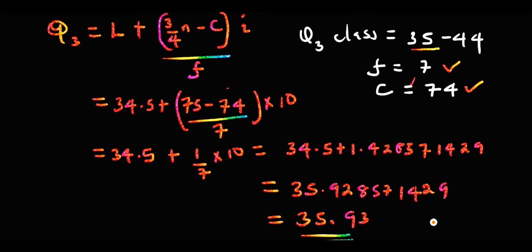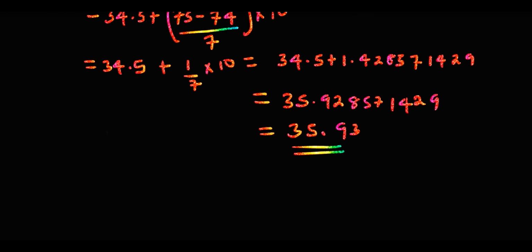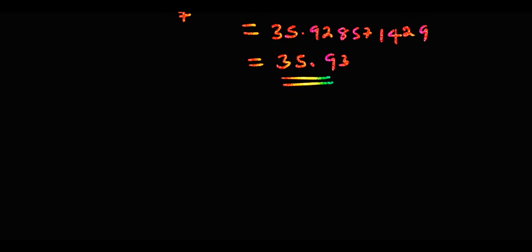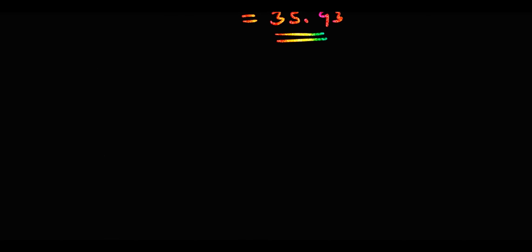80th percentile. So percentile is just the data out of 100. And we are just going to do the same thing we did for the Q1 and Q3. So let us look at the 80th percentile.